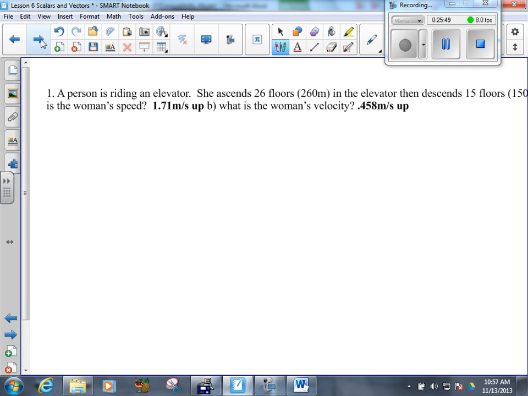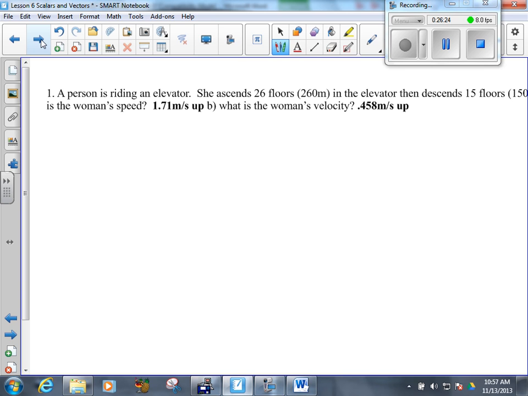So we've got the person riding an elevator. She ascends 26 floors, that's 260 meters, then descends 15 floors, which is 150 meters. We want to find the woman's speed and the woman's velocity. If I'm asked to find speed, does it matter whether she moved up or down? No. Speed is just distance traveled over time. How far did she travel? 150 plus 260, 410 meters.